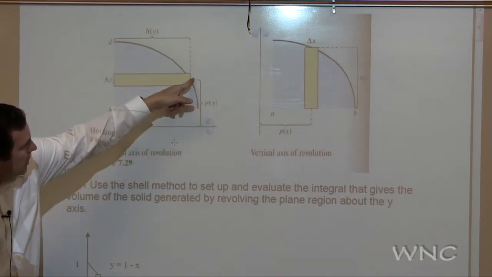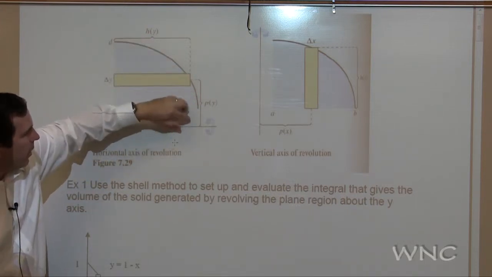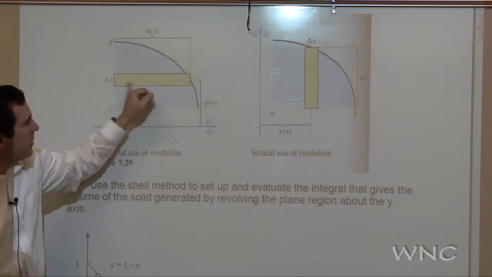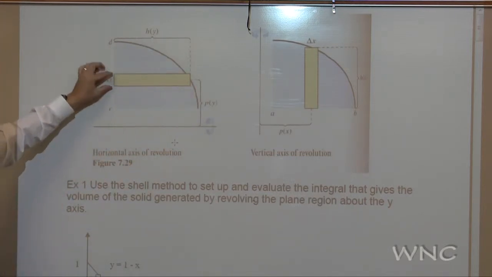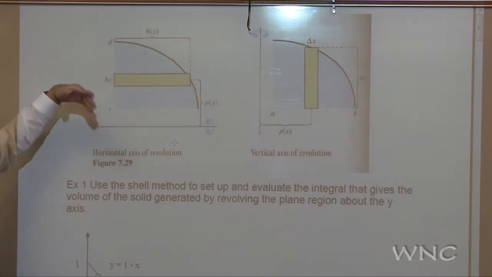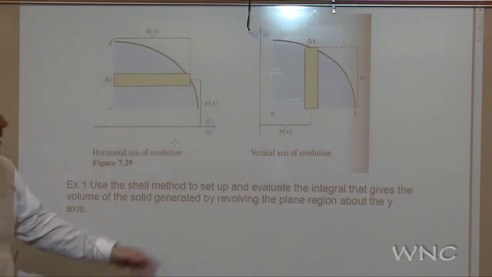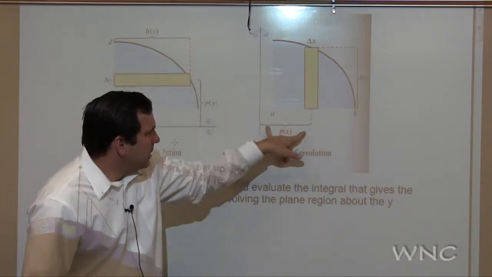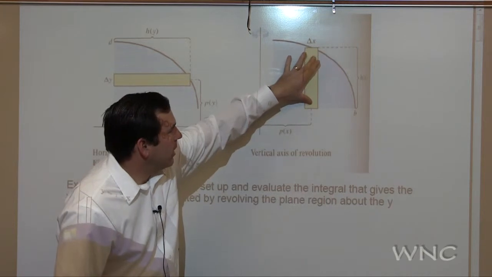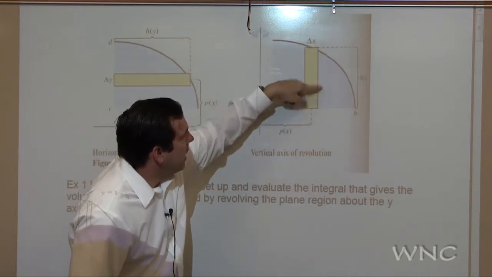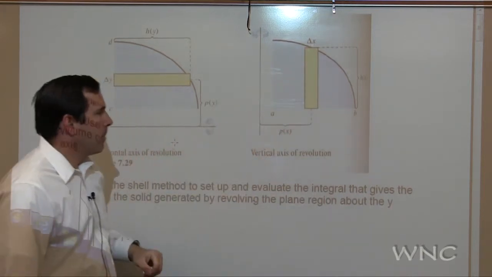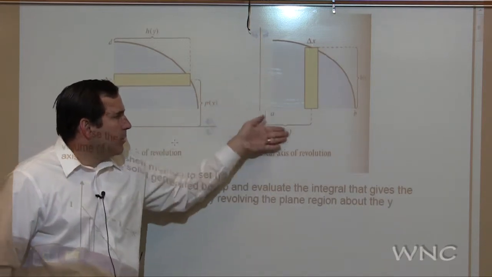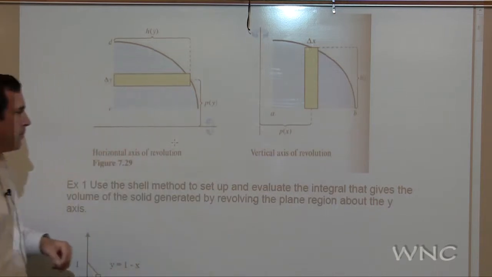Its location inside the figure is our p of y, so where it is located is what this is talking about. H of y describes the height. Delta y describes this width, which as we know is our dy. In the other case, a vertical axis of revolution, p of x is this distance to the rectangle. H of x is the height, delta x is the width. That becomes our dx. So that is 2 pi times p of x times h of x dx.